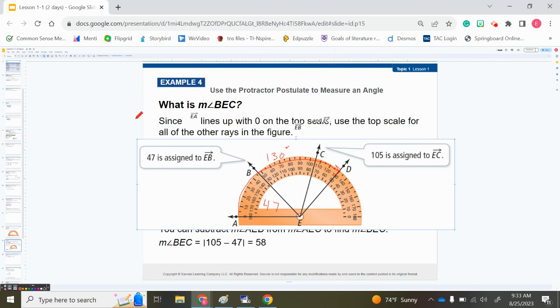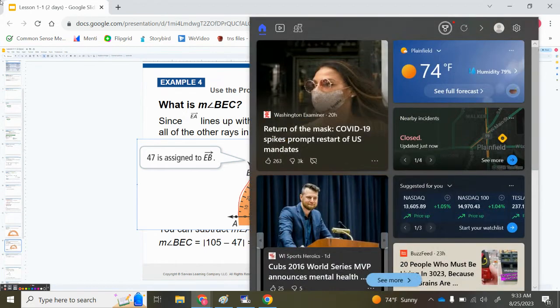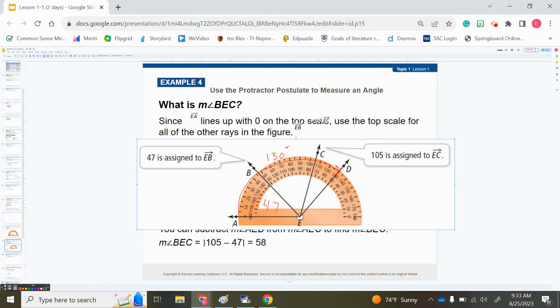Now if you want, you can subtract those. There's a lot of things you can do. You could also look here. It looks like this is 105 from here to here. So mark it up and see what you can use to solve. If they want BEC, I'm going to highlight that real quick. That means we can get by without even using this angle at all.